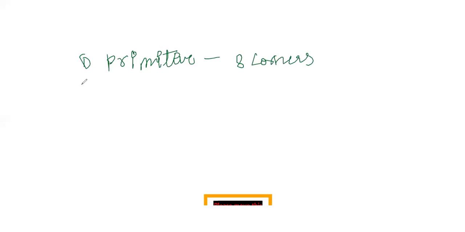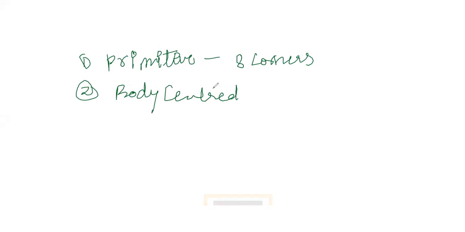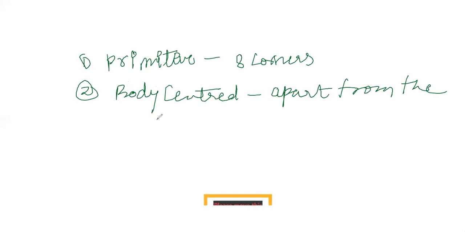Then, my dear students, we have the second type of unit cell, which is known as the body centered. In this body centered unit cell, please remember that apart from the 8 corners, we have one particle at the center of the unit cell.